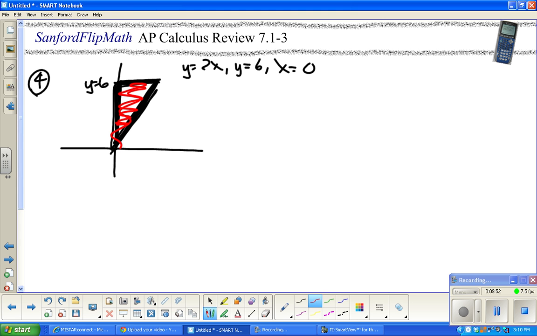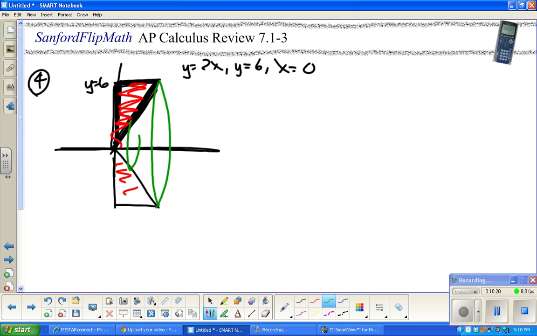And then it says rotated around the x-axis. What I've been recommending is to start by making sure you have the region pretty solid, and then whatever you're going to rotate around, in this case the x-axis, do a reflection across it first. So it's going to look something like this, with our little red stuff filled in. And then try to do the little circle-y stuff to make it look like it rotated.